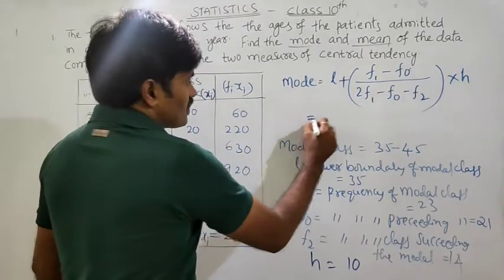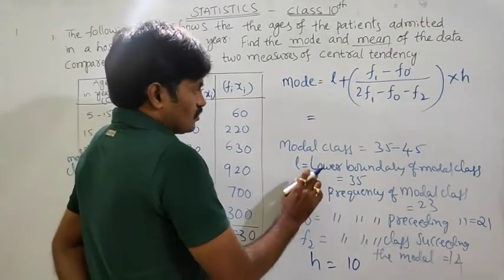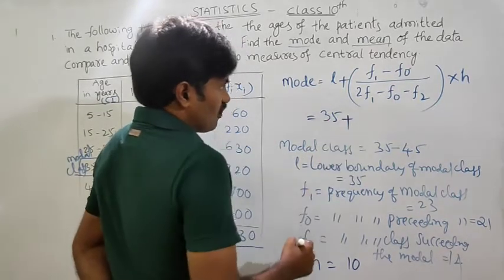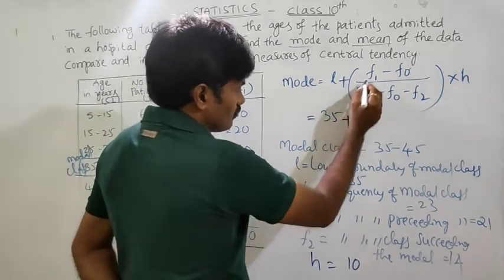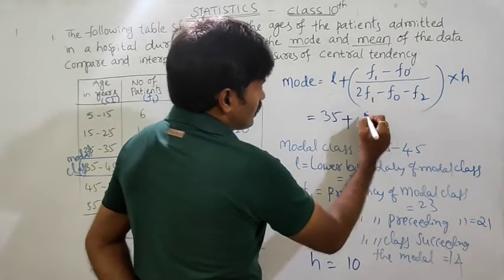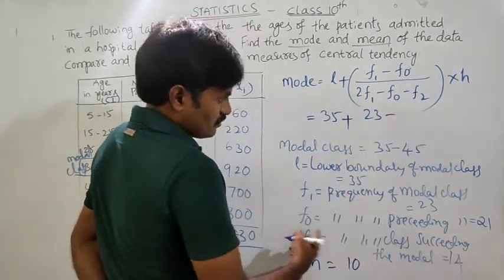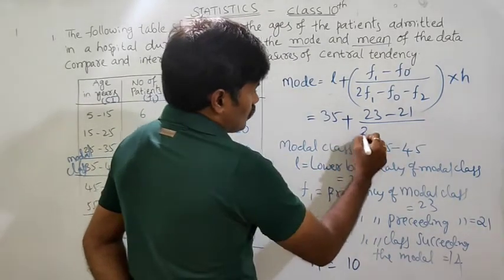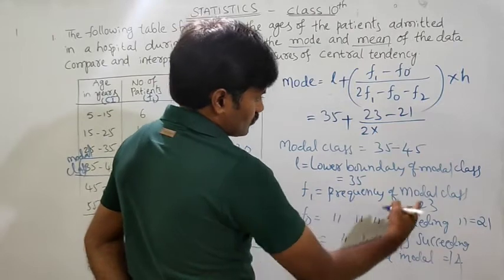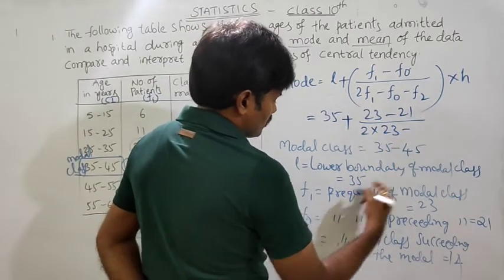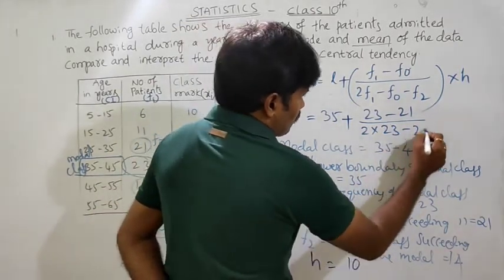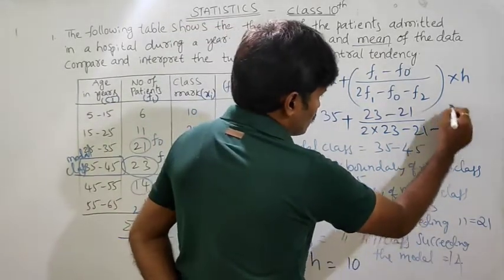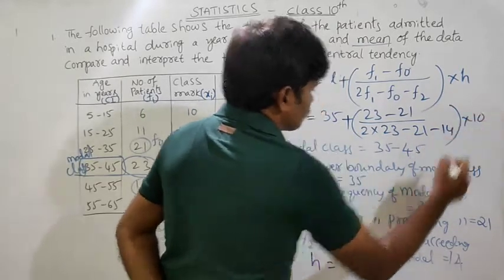Now substitute the values and simplify. What is the lower boundary of the modal class? 35 plus f1 value 23 minus f0 value 21, by 2 into f1 value 23 minus f0 21 minus f2 14, into class size 10.